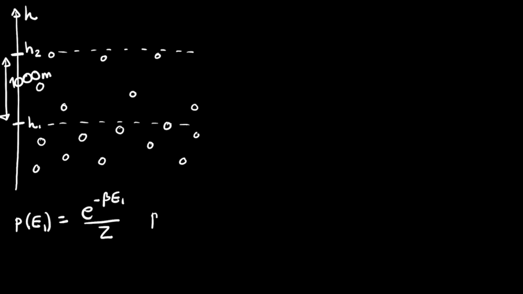And the probability of it being at height H2, hence having energy E2, is equal to e to the minus beta E2 divided by the partition function. As you can probably see, the partition functions are yet again going to cancel when we take the ratio.